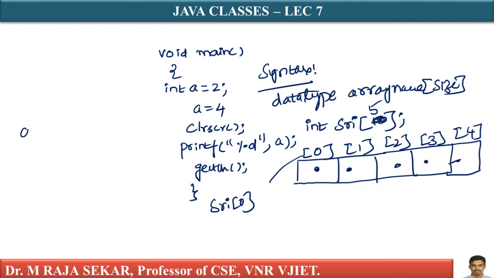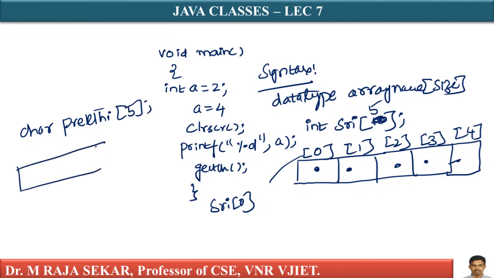If I say something like char space Preeti, let me say my array name is Preeti, of 5, what happens? Internally, it will create an array with name Preeti. My first location is Preeti of 0.